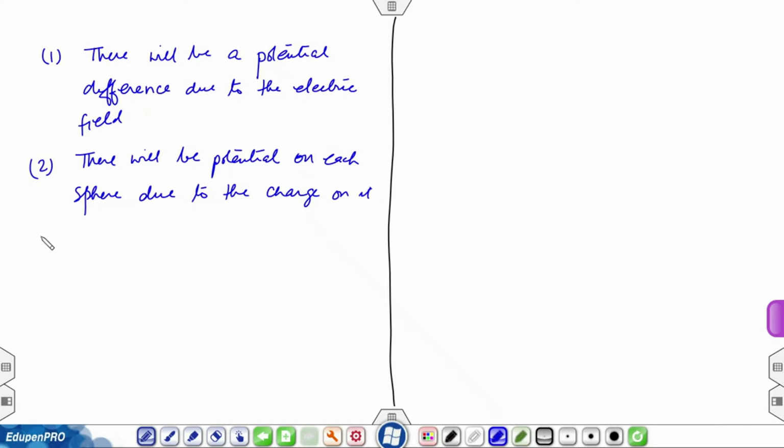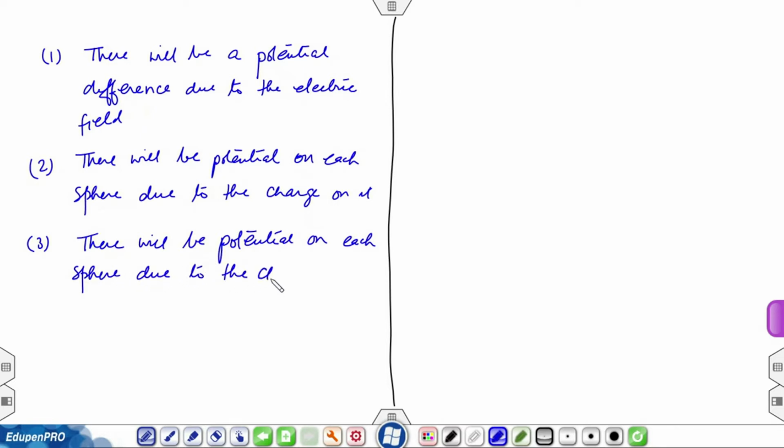And 3, there will be potential on each sphere due to the charge on the other sphere.